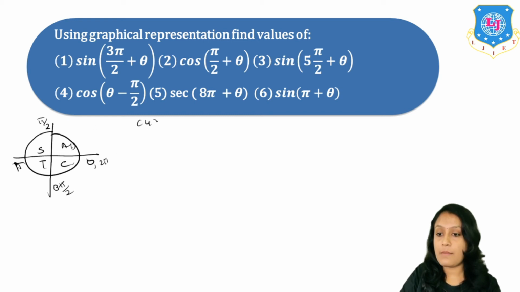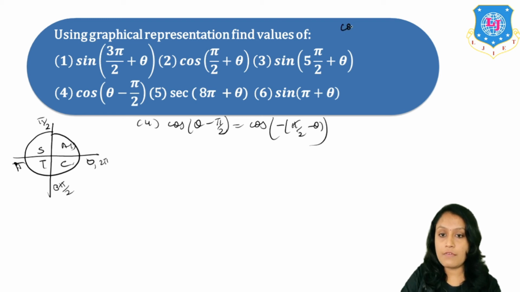The fourth example is cos of theta minus pi by 2. Firstly we'll rearrange this, so a negative sign will come common, so this is pi by 2 minus theta. Now we know that cos is an even function, and cos of minus theta is cos theta, so this negative sign will be gone. So here we have cos of pi by 2 minus theta.